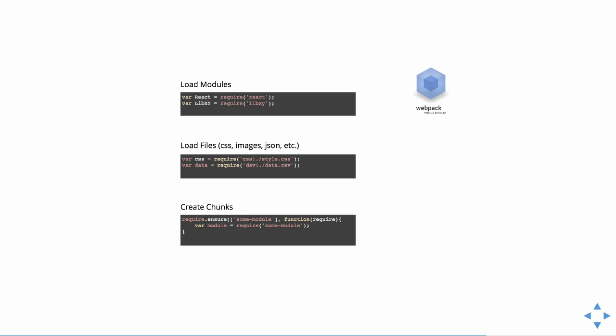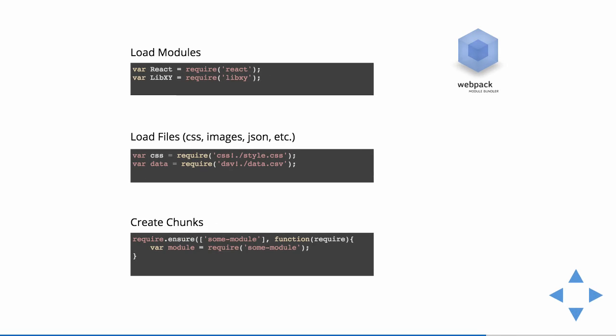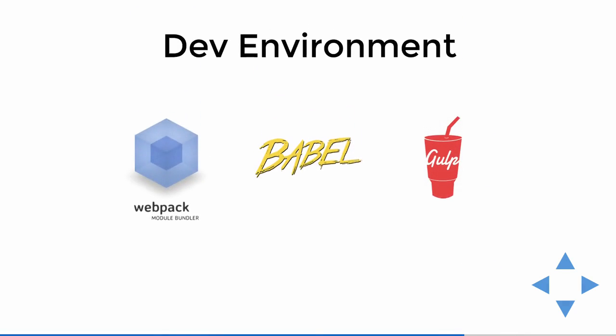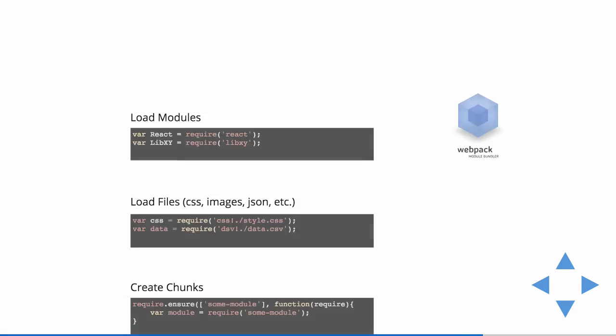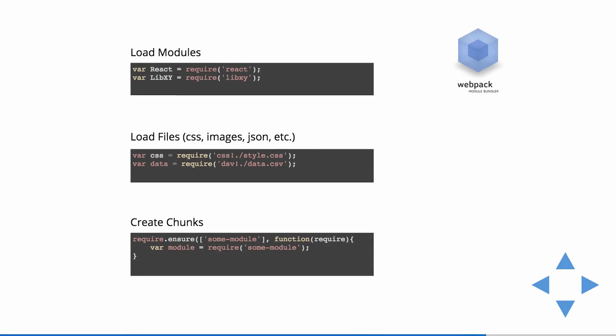You can also load files like CSS files, images, JSON files, and you can create chunks, so you can split up your JavaScript code into different parts that only get loaded if you need them. Webpack can do a lot more, but right now we are only using these features. As you see in our pipeline, we still use gulp, but we want to replace it with Webpack because you can do all the things we are doing with gulp right now.